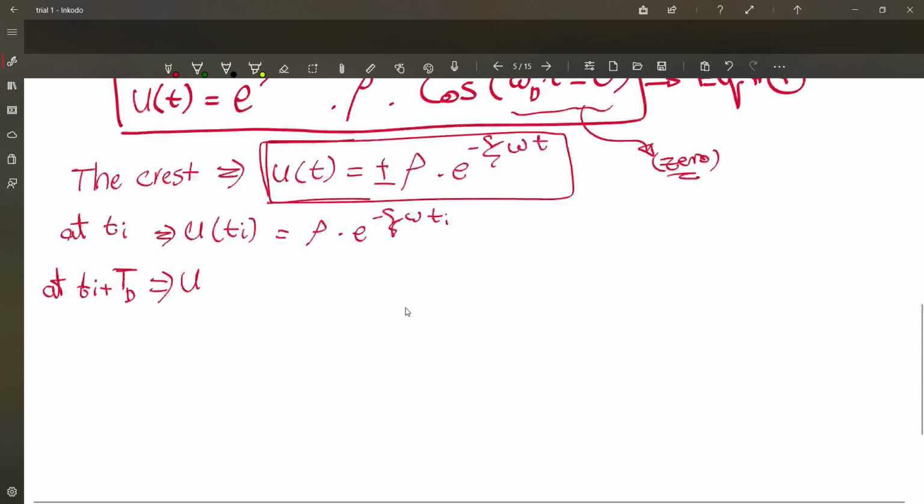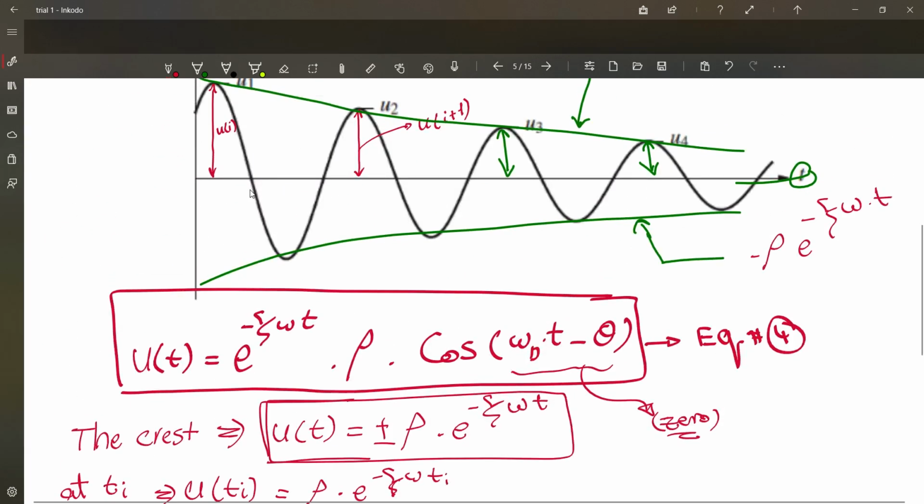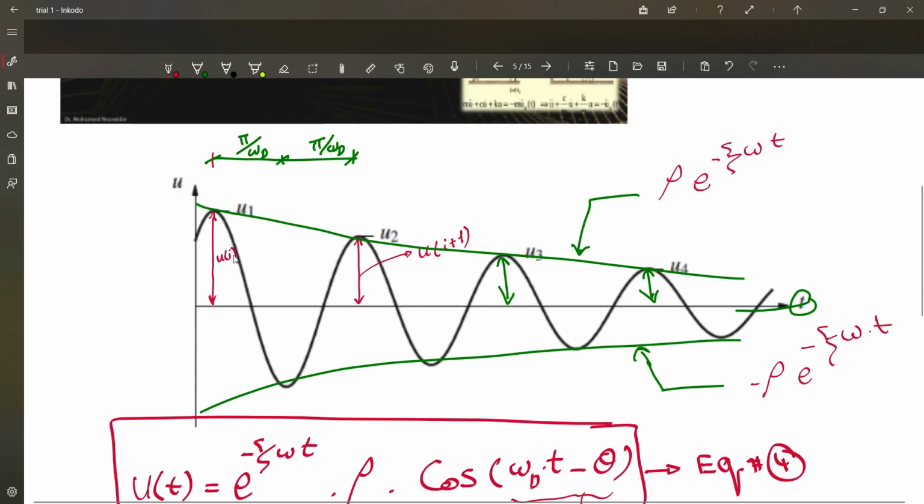If you go here, because we are in a damped system, the distance from this crest to this crest is going to be our T d, right? So the distance from here to here is going to be T d, which equals 2 pi over omega d. So half of it is pi over omega d, and the other half is pi over omega d.